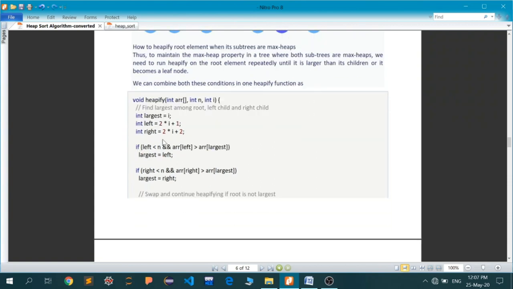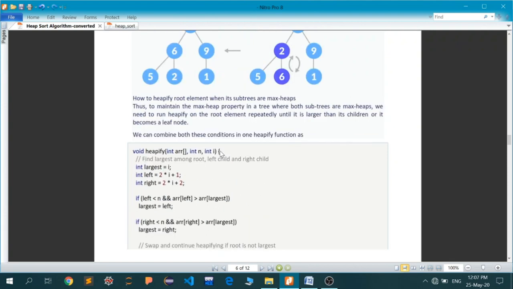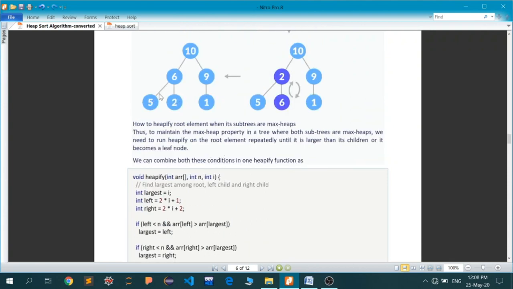So if it is less than 5 and the element at this index is greater than the largest, that is, let's say at this point, this is your root, actually 6. In this case, let's say I have passed this particular array, number of elements 6, and I is equal to the index of this particular node.